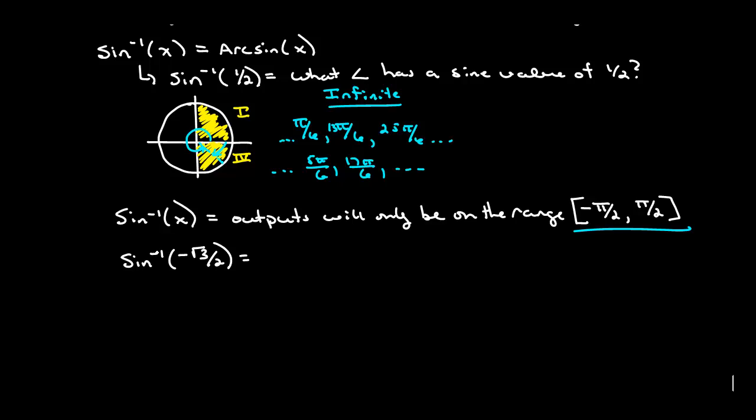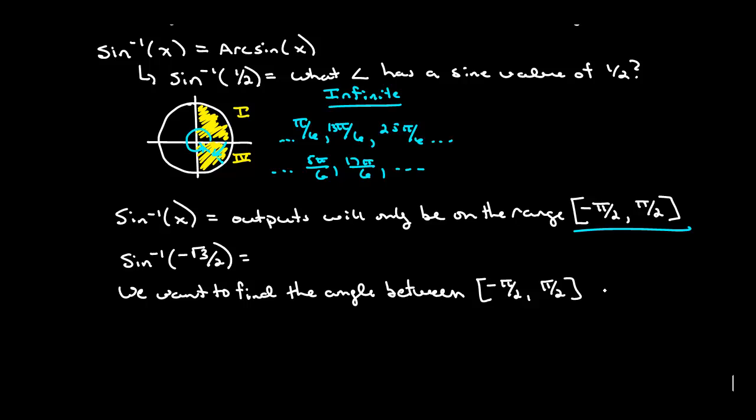So how we read this is we want to find the angle between negative pi over 2 and pi over 2 such that the sine of that angle is equal to negative square root of 3 over 2.